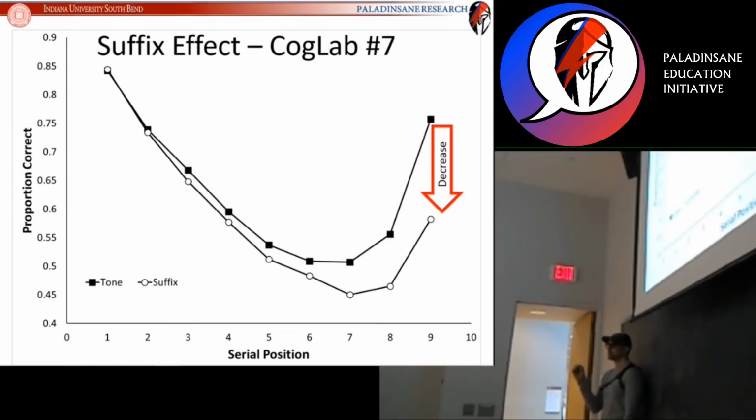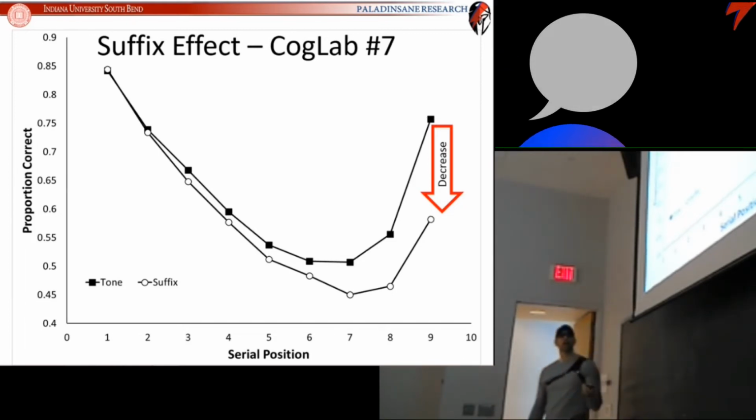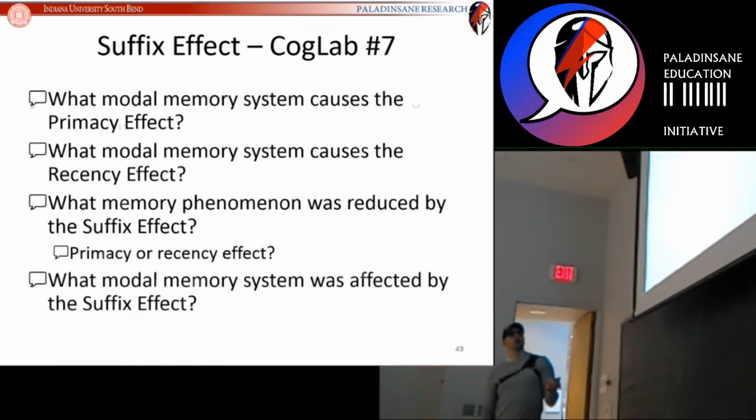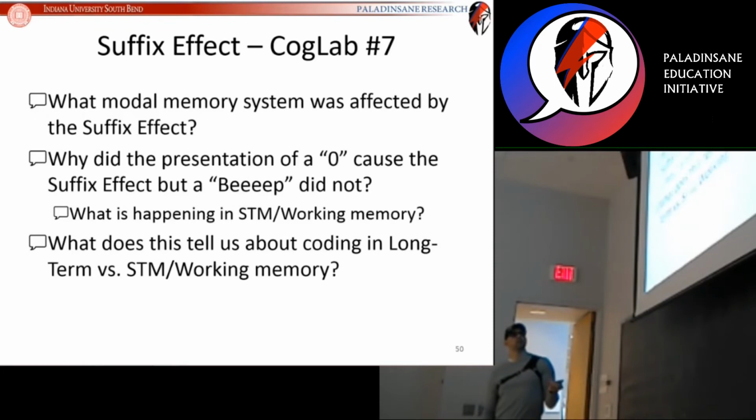But at the very least, it's not very conscious. It's not very able to be controlled by you, unlike your long-term memory. So your long-term memory seems to be something that is consciously controlled. So all of you have become very practiced at consciously controlling your long-term memory.